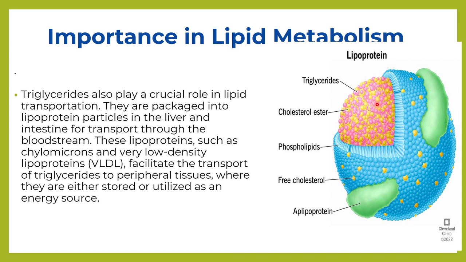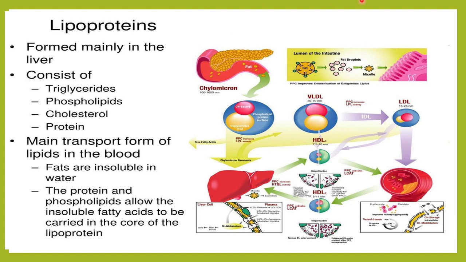Lipoproteins are an important part in lipid transport, and these are like chylomicrons, VLDL, LDL, etc., which carry these lipids to the peripheral tissues. We will study about lipoproteins in our further classes also. But remember, these lipoproteins are mainly formed in the liver, and they consist of triglyceride, phospholipids, cholesterol, and protein.